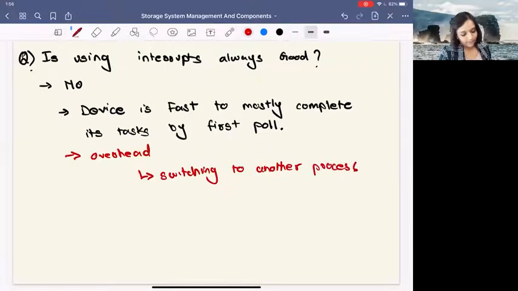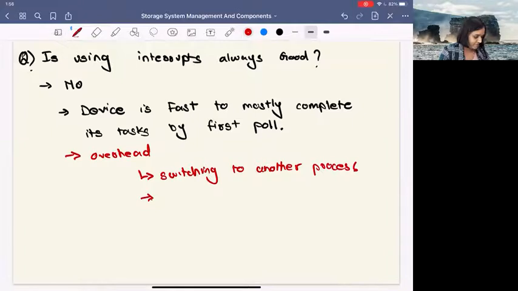Because, in case of processing with interrupt, the CPU needs to think of what other task is still remaining to be done. So for example, task number 2, it needs to switch to that task number 2. So there's some overhead of switching to that task, context switching overhead.